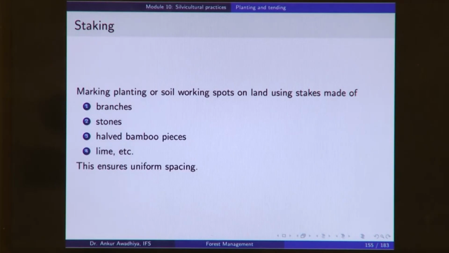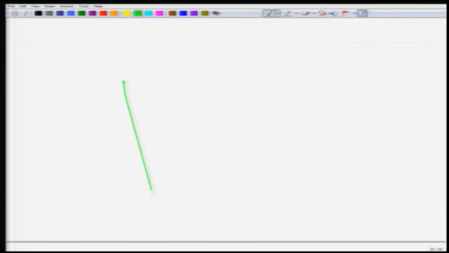Now, once you are done with your site preparation, the next step is staking. What is staking? It is marking planting spots or soil working spots on the land using stakes. Here you are deciding, okay, I am going to plant my trees here, but what are the locations where I should actually plant the trees?